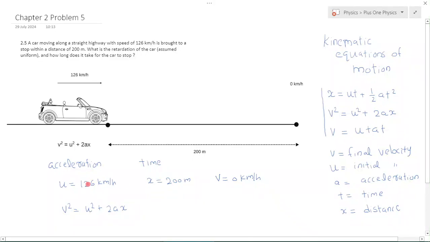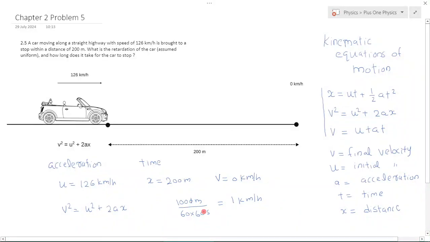So we take meter per second for this u. 1 kilometer per hour is 1000 meter per 60 into 60 seconds. That is the connection.